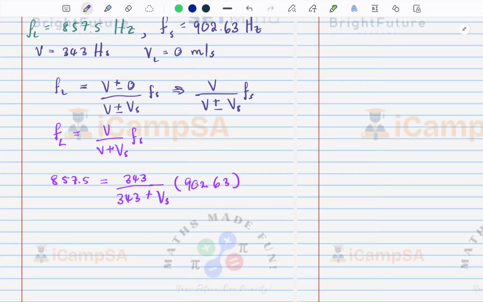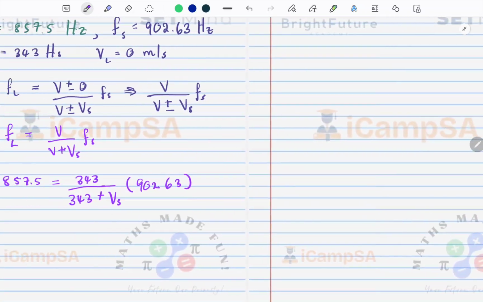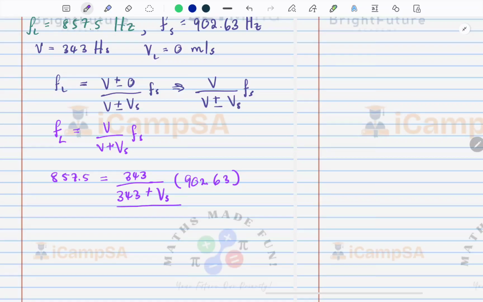Let's see what we get. To make things a bit easier, we can divide here by 902.63 on both sides, and this will go away because it's multiplication.